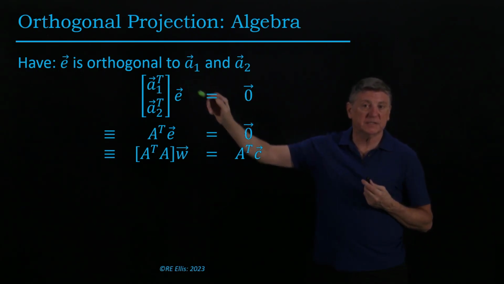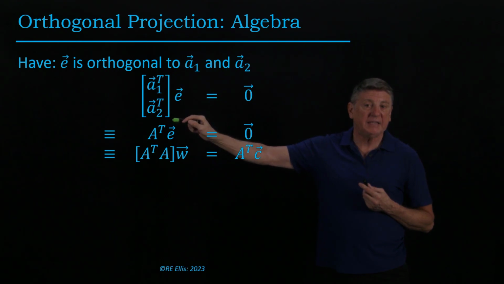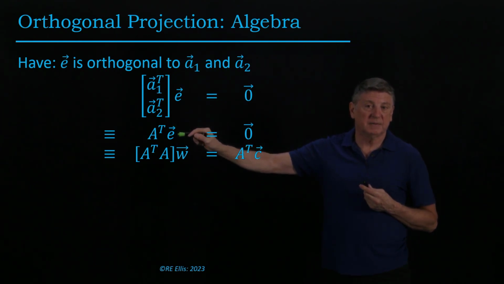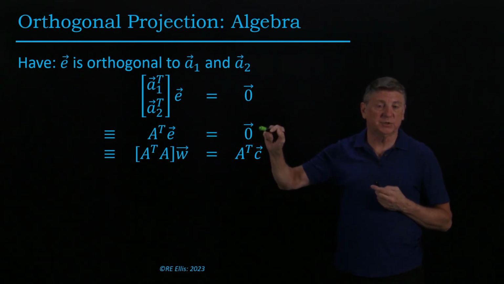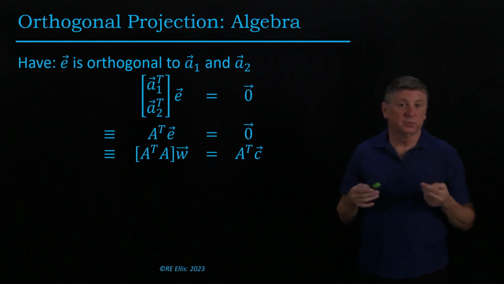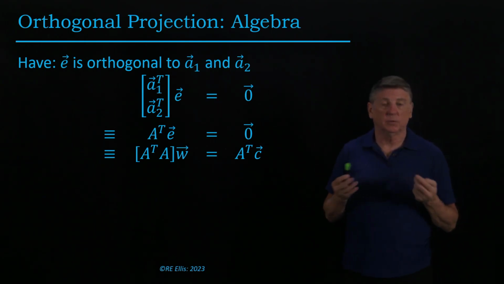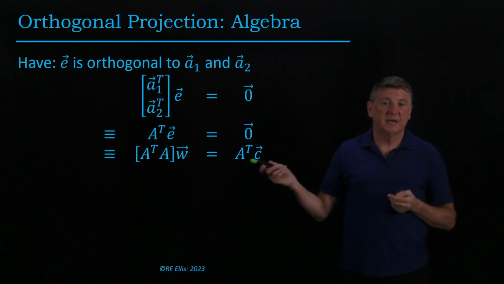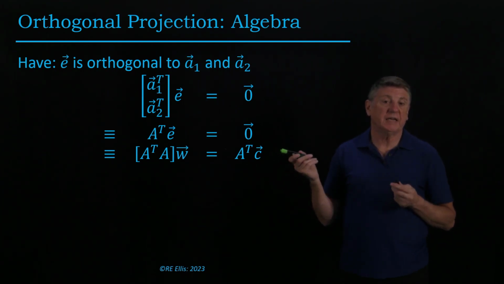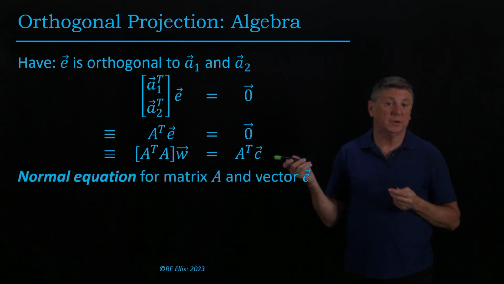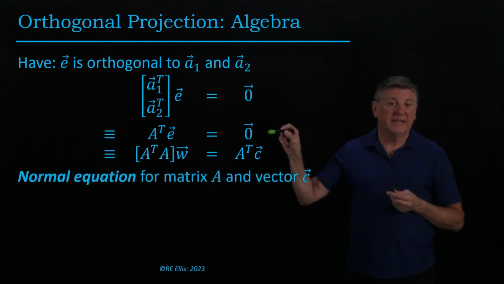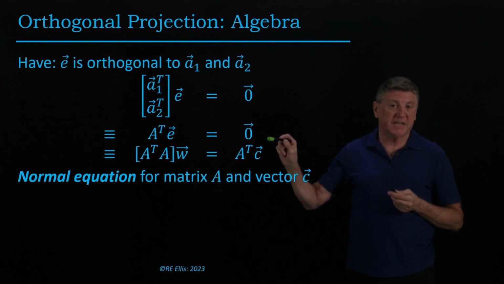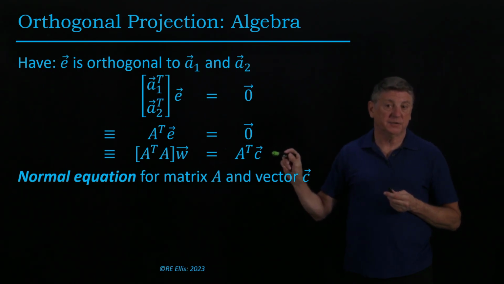But that matrix is the same as saying A transpose times the error vector has to equal 0. When we go through the linear algebra that we cover in the prerequisite material, what that means is that we get this, which is called the normal equation for the data in the matrix A and the data in the vector C.